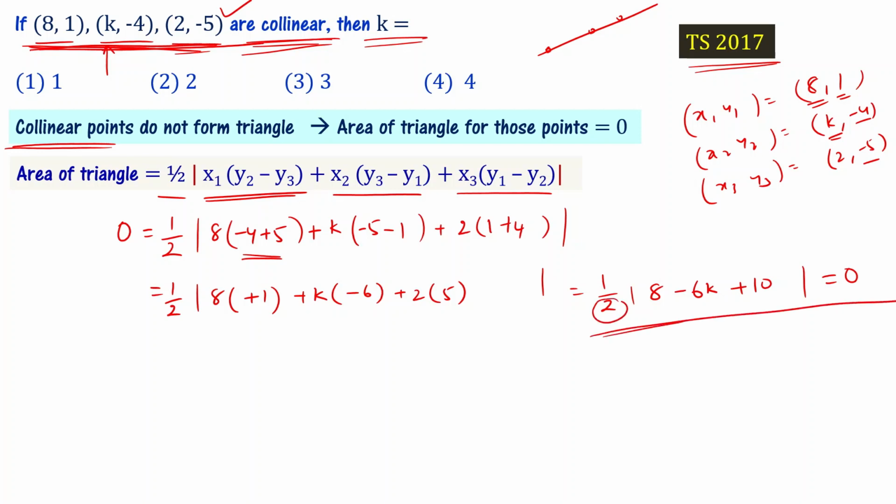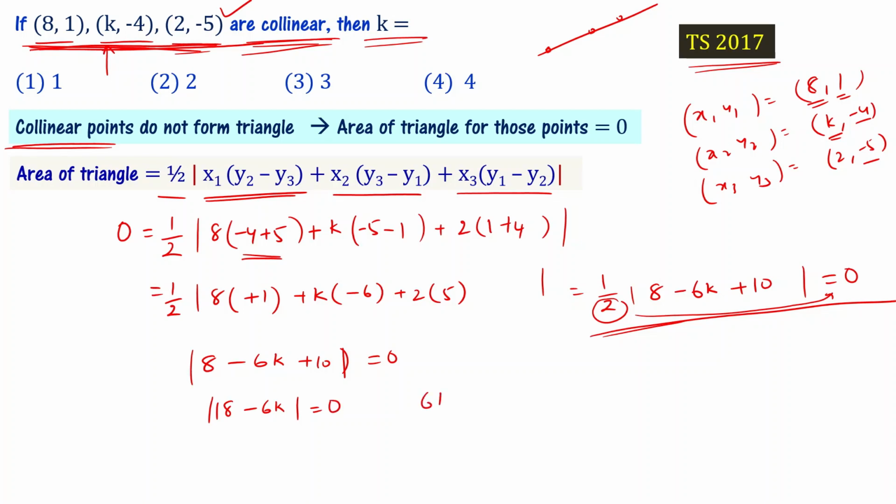If I take the half to the other side, how can we write the equation now? Modulus of 8 minus 6k plus 10 equal to 0, right? So this can now be written as 18 minus 6k, modulus is 0.